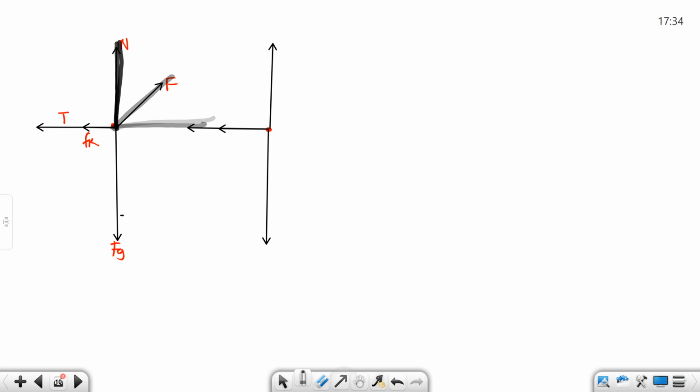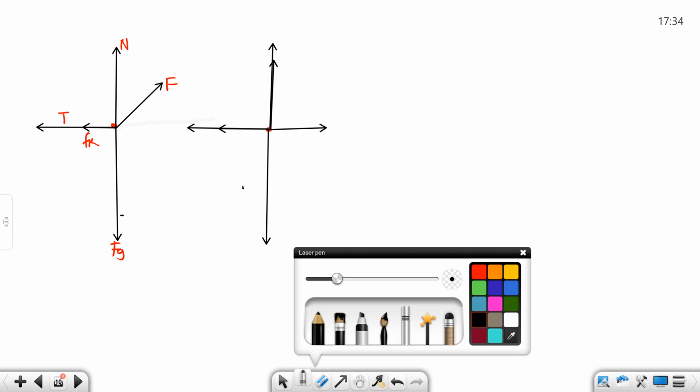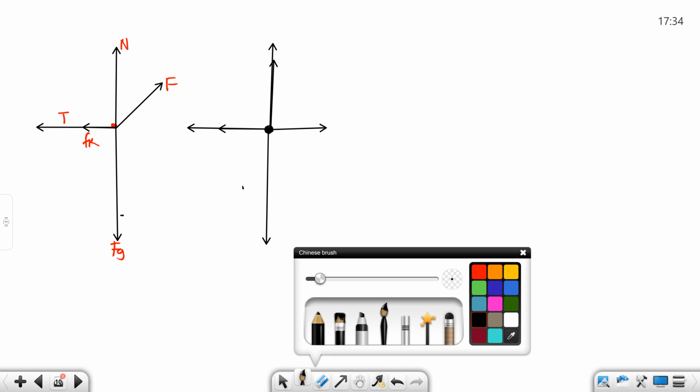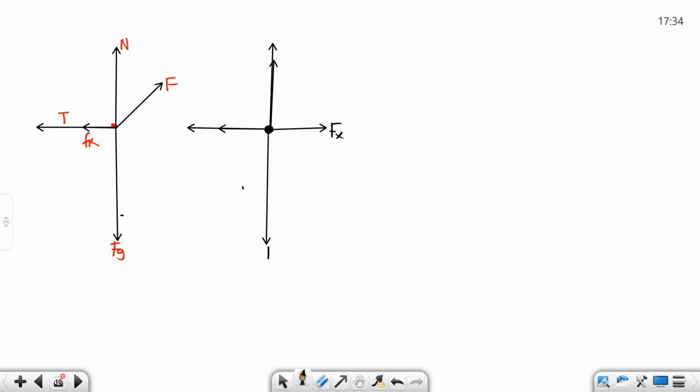That's how you do it. Can we now make the circle bigger? There we go. What do we have? Fx, Fg, Fk, tension, Fy, and normal.